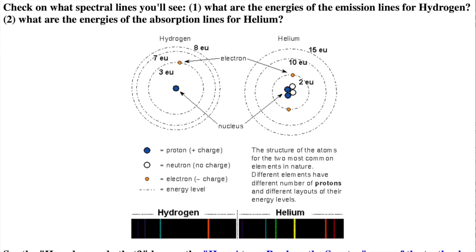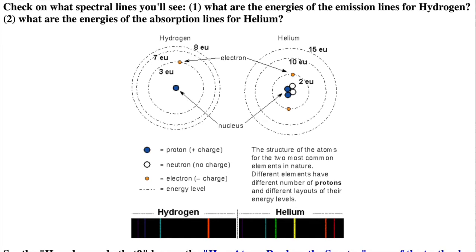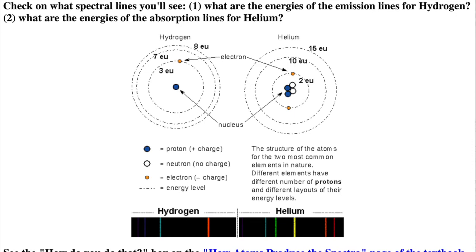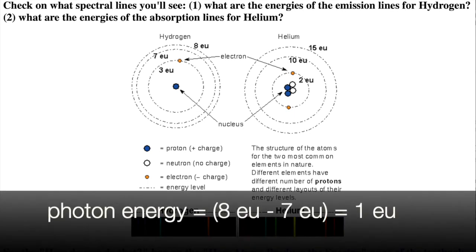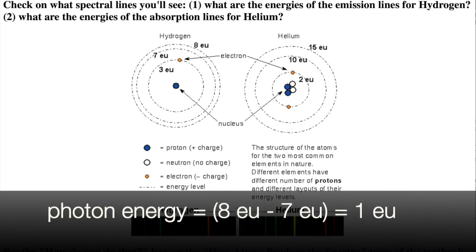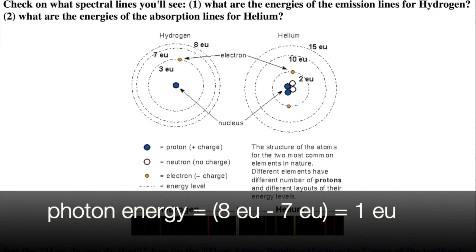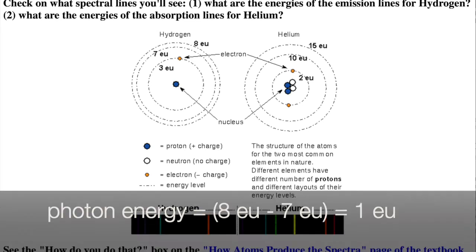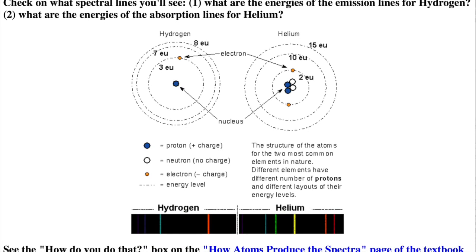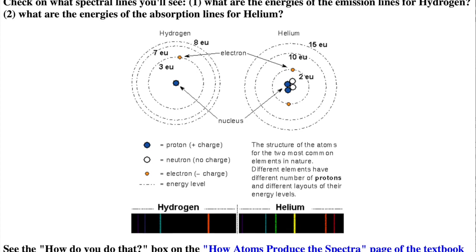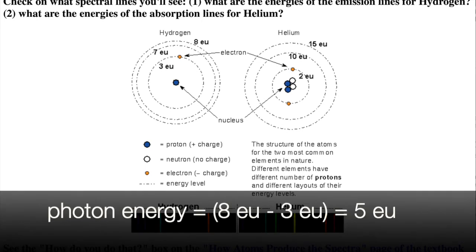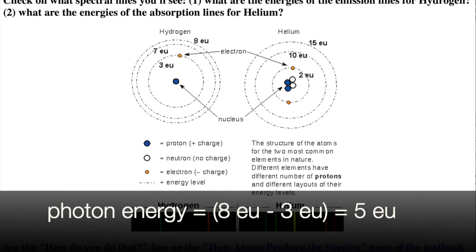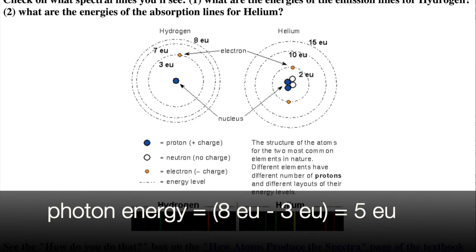If the electron starts out in the outermost 8 EU level and hops down to the second 7 EU level, the atom will produce an emission line of energy equal to 8 EU minus 7 EU equals 1 EU. If the electron hops all the way down to the ground state in one big jump, the energy of the emission line equals 8 EU minus 3 EU equals 5 EU.